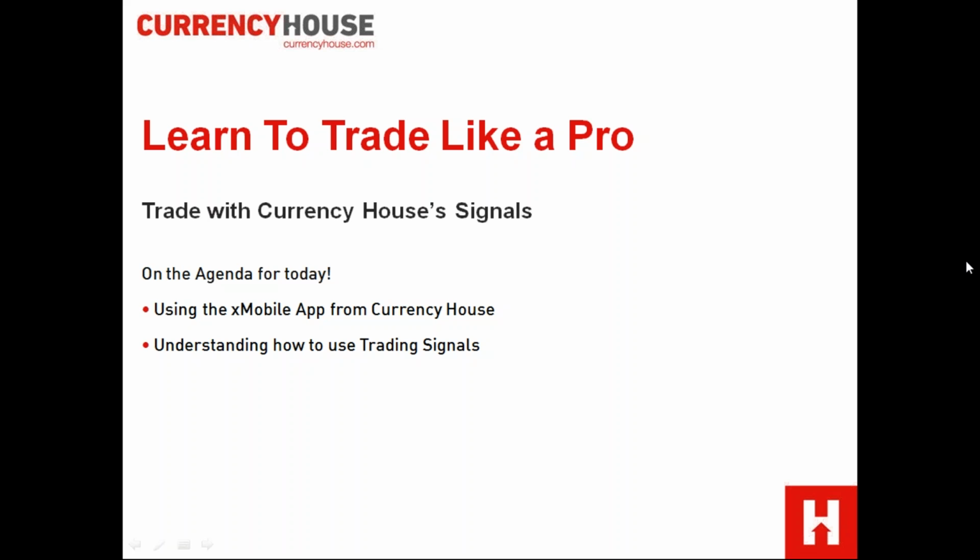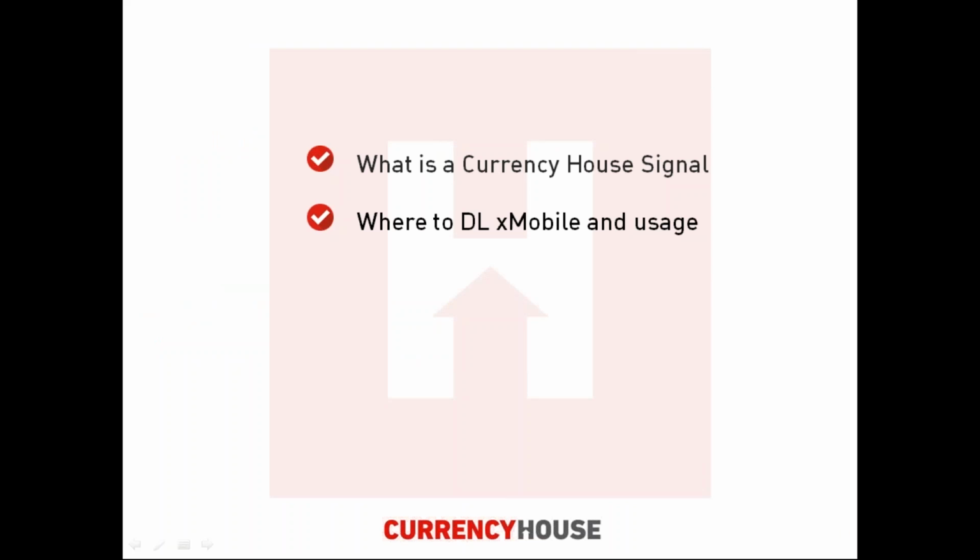Obviously, we don't want to take too much of your time this Friday, but we want to get you guys ready for the weekend and ready for the signals as they are going to be coming quite frequently from now on. So basically what we want you guys to walk away from this webinar with is what the Currency House signal is, what we did to make sure that they're new and improved for you guys, and the structure that changed in the company to allow this to happen.